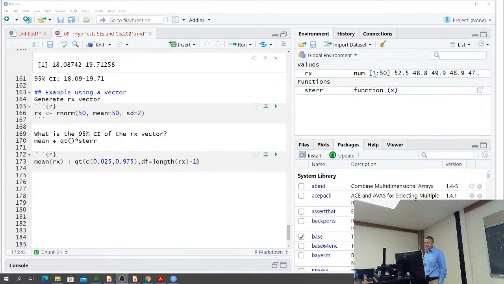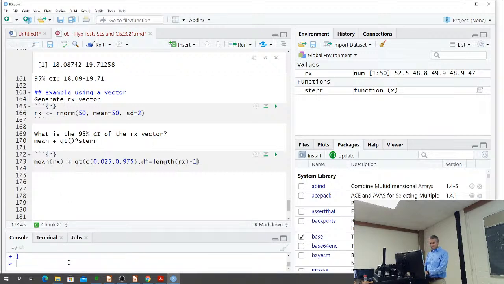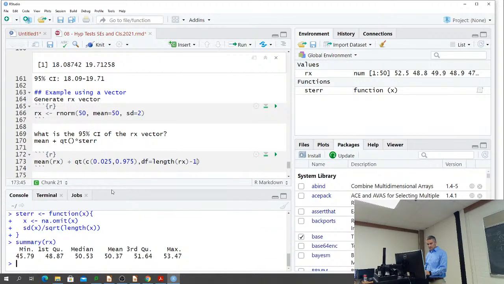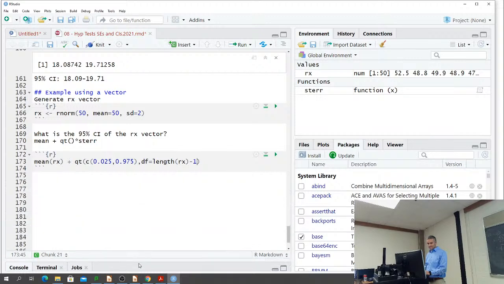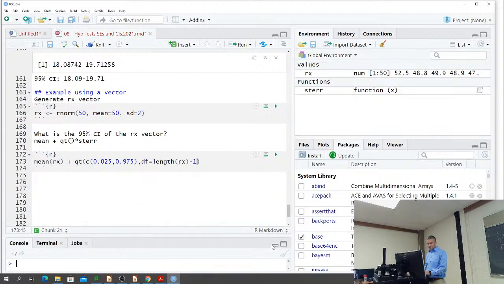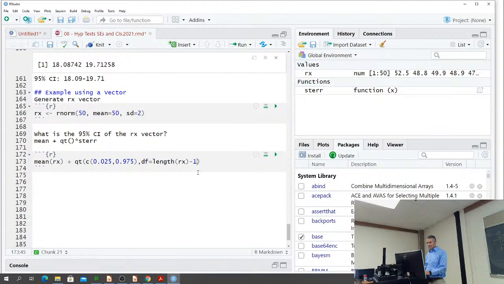So yeah, we could look at that. We could also do a summary. So if I did summary of Rx, no, it actually doesn't give me that. Okay, I lied. But I like the length.